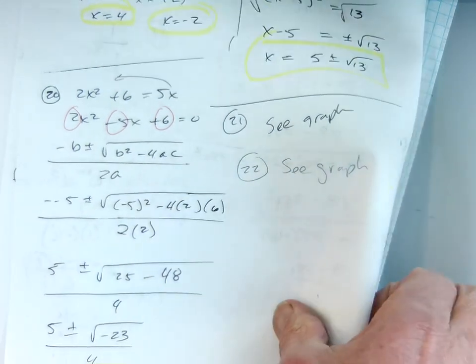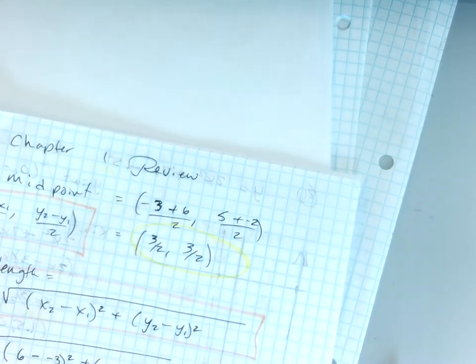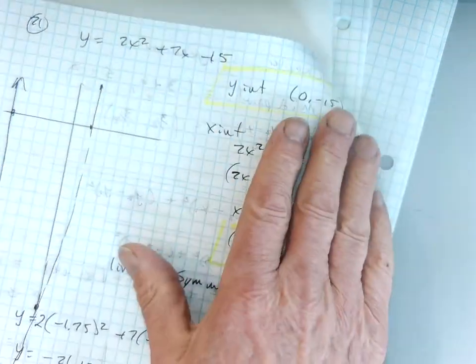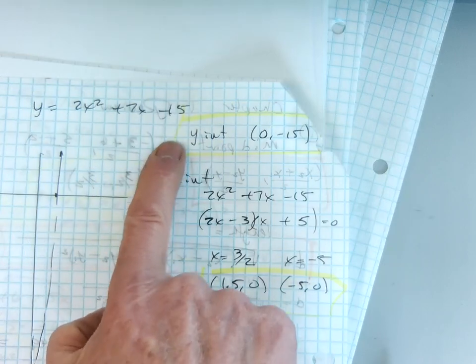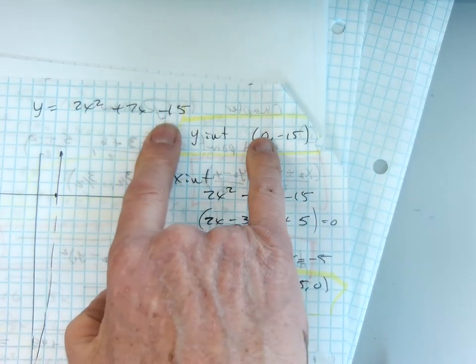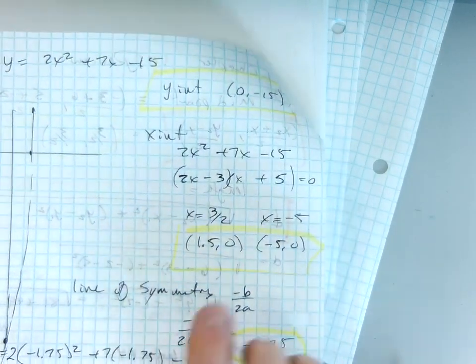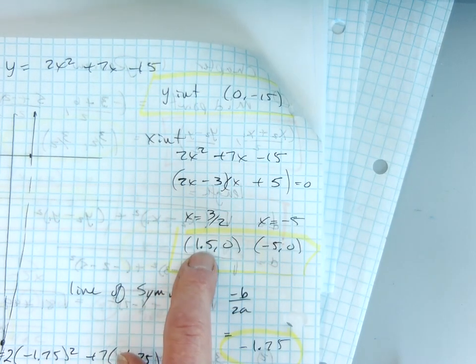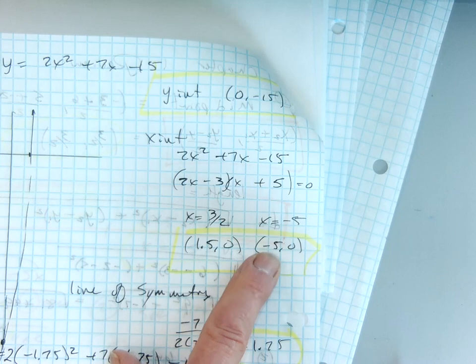21, it says graph. All right. Here's the one. Okay, so the y-intercept's at negative 15. I know that. Boom, that helps. The x-intercepts, I factored it, and it does factor, set equal to 0 and factor. Here are my x-intercepts after I factor it. I can graph those.